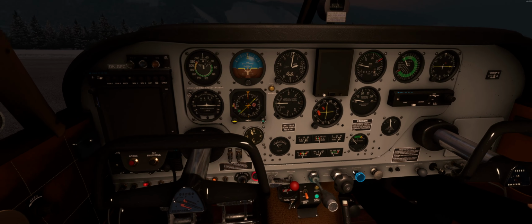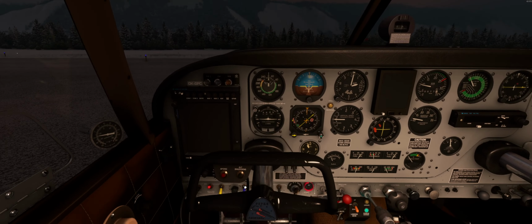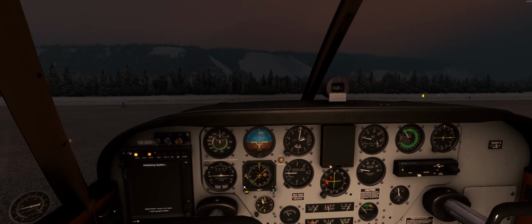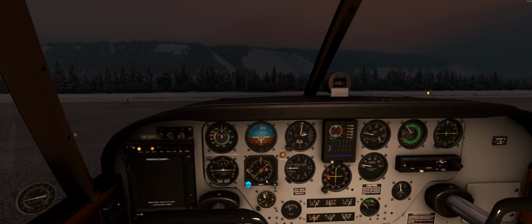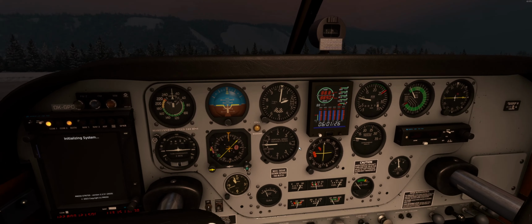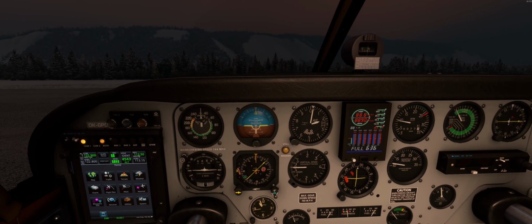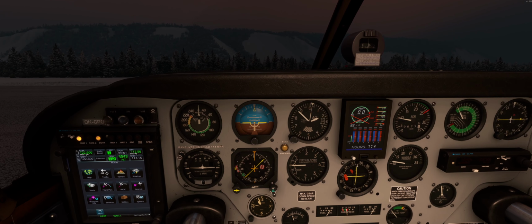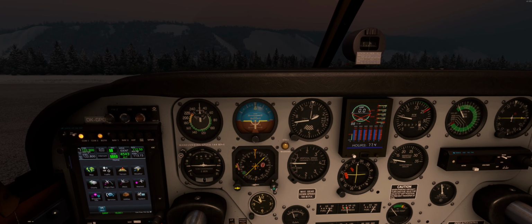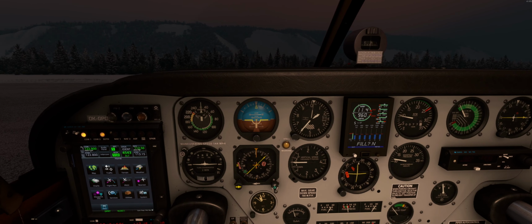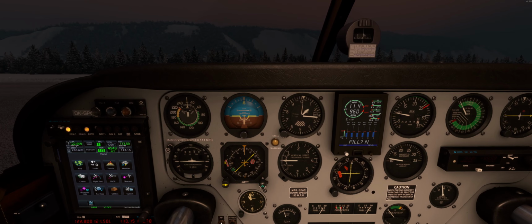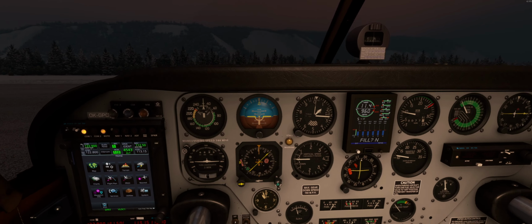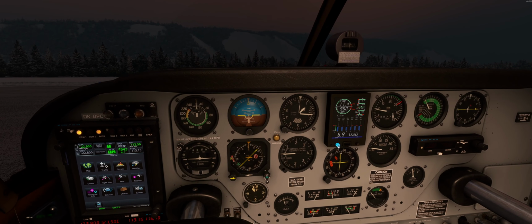Good. Avionics go on, and we will program our flight. Altimeter is quite low, 8 something, so very low. If it was 884, something like that, yes. We are not going to refill today.